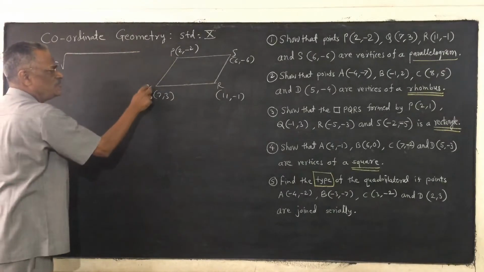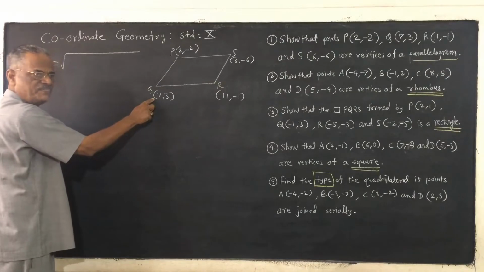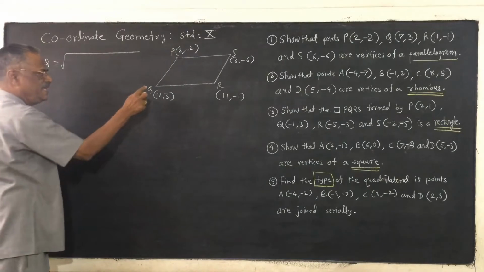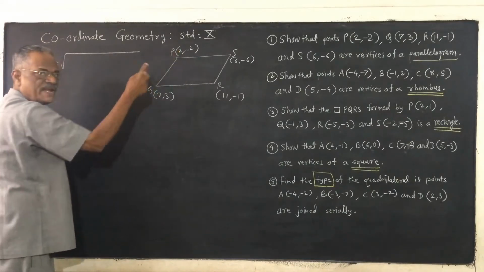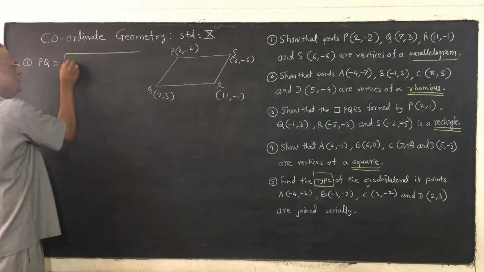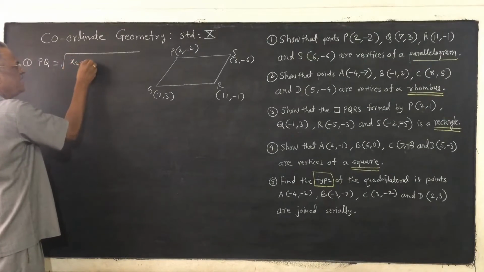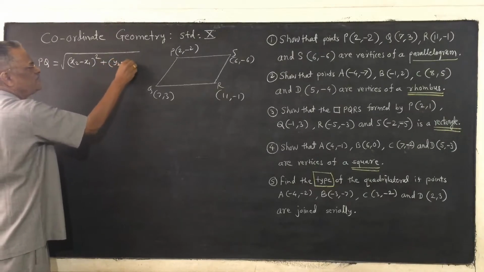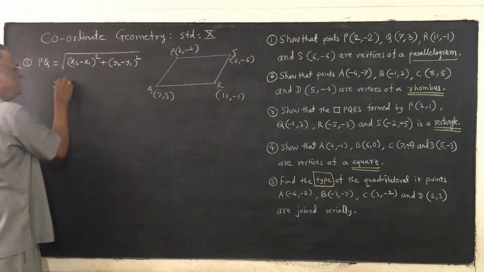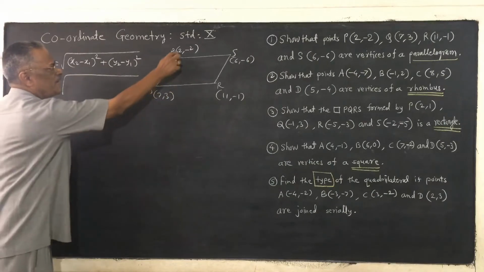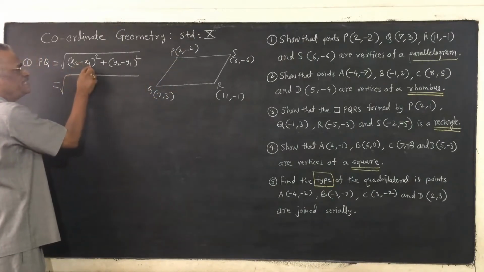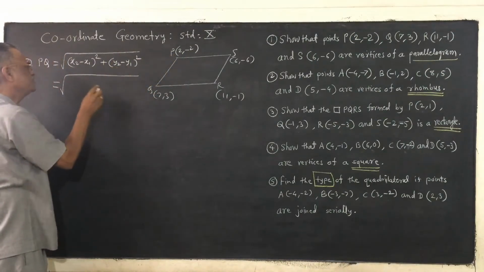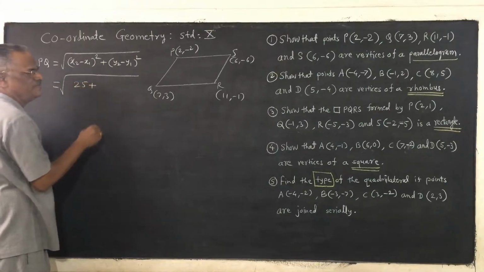So this is PQ. Take the second point, x2 minus x1 bracket square, plus y2 minus y1 bracket square, and substitute the values. 7 minus 2, that is 5, and 5 square, you know it is 25.